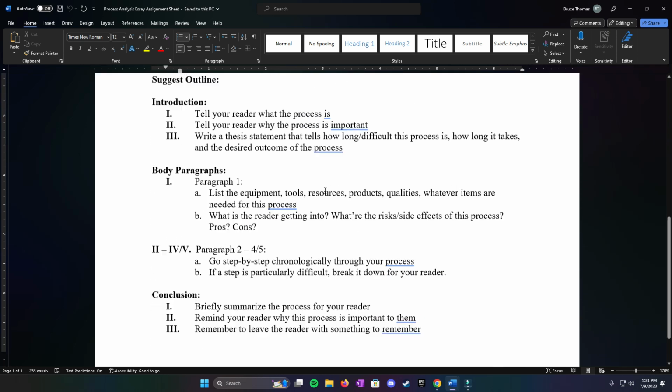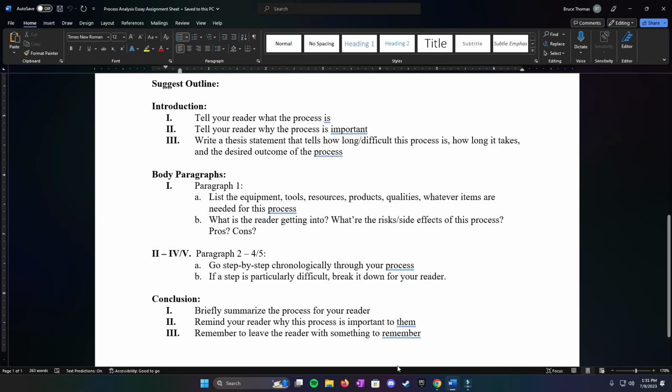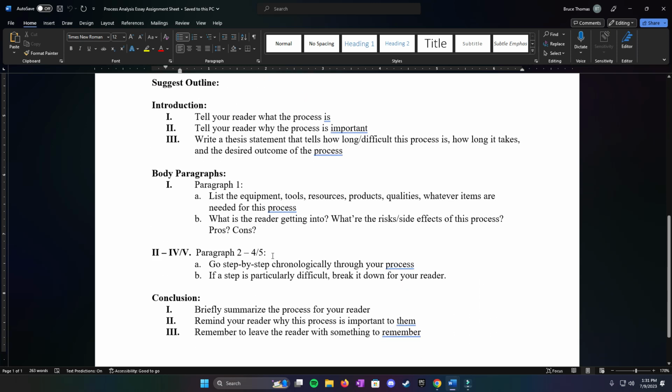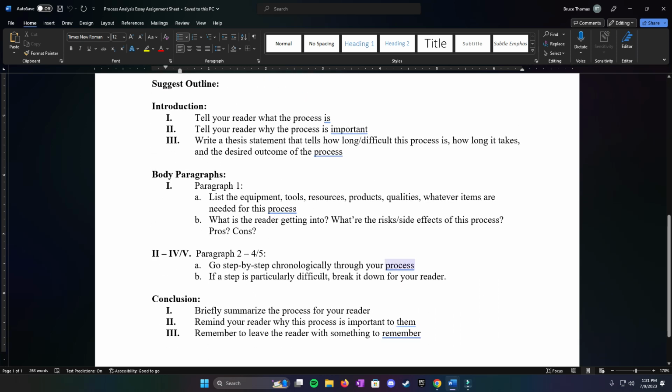And then I give you a suggested outline. I'm not going to go through this line by line. You can read this. It's just a breakdown of how your essay should kind of look when you start writing. This will be a great tool to use for pre-writing because you can either make your own outline and just next to it you can write introduction, and then next to your one where I say tell your reader what the process is, literally type out what the process is.